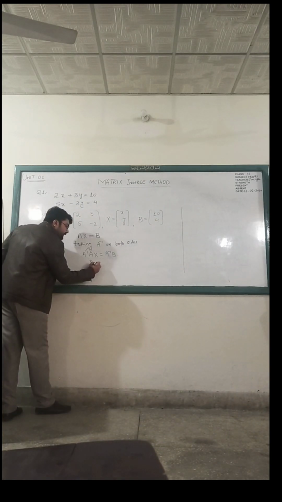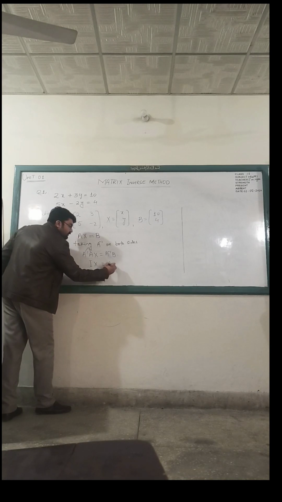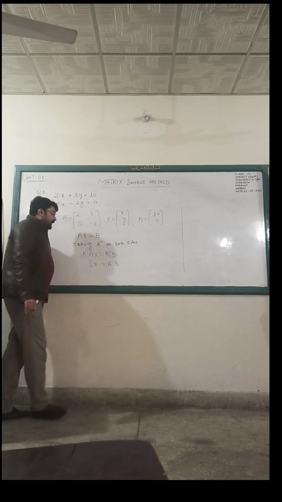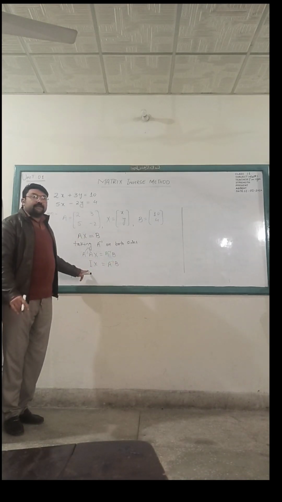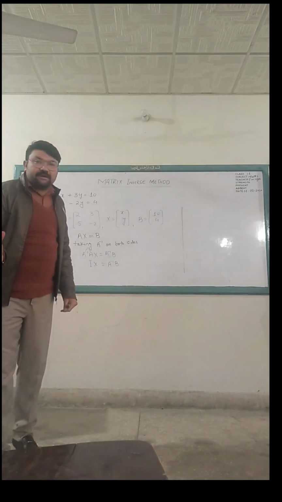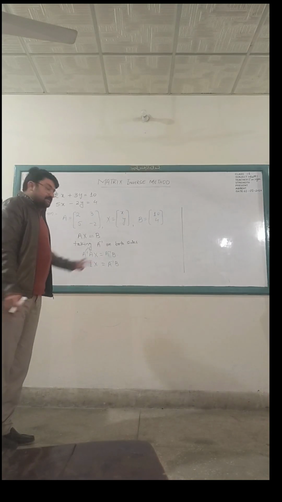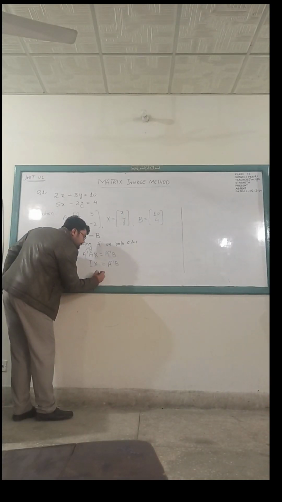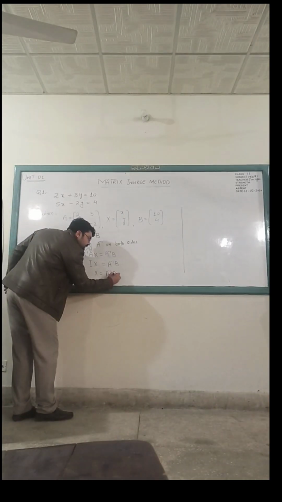It will become identity matrix multiplied by X is equal to A inverse B. Now if the identity matrix is multiplied with any other matrix, it will give us the same matrix, like identity multiplied by matrix X is equal to matrix X. So it will become X is equal to A inverse B.